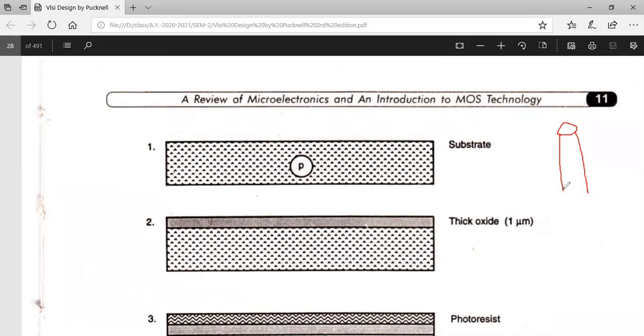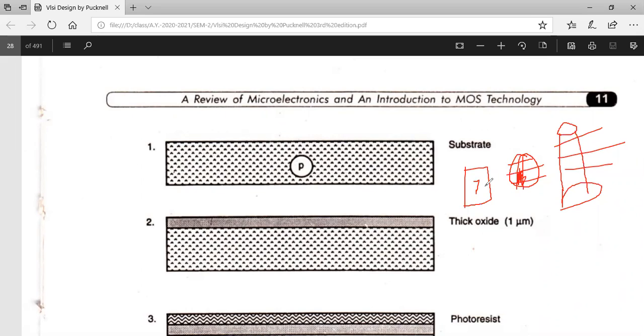If I cut the ingot into slices, it will form wafers. So you see here, this is the silicon wafer die. If you zoom in, it is just like this. On this part only I have to create the transistors.